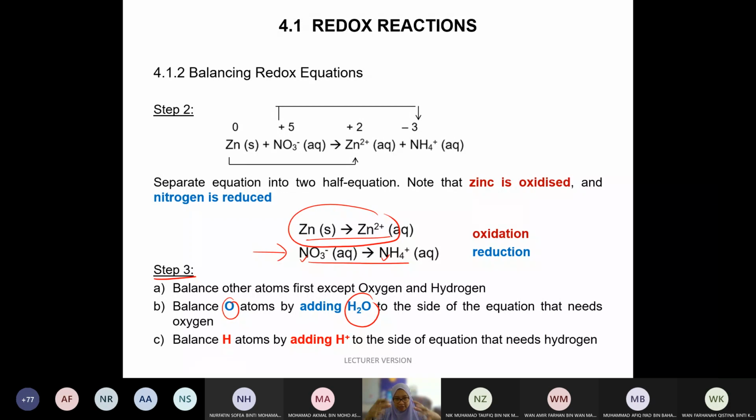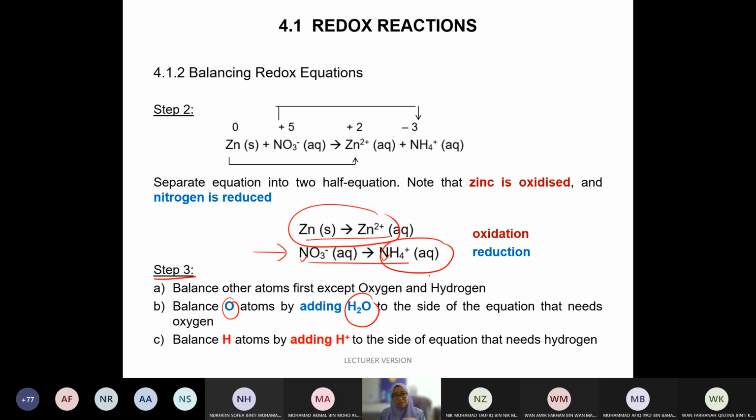But this reaction is conducted in an aqueous solution. So it need to have water lah in it. Okay, so you need to have water in it. That's why you have to tambah H2O, not to tambah oxygen gas, not to tambah ion or whatsoever. You have to tambah H2O on the side of that equation that needs oxygen. So kita akan tambah dekat product side lah. That's the idea of it.